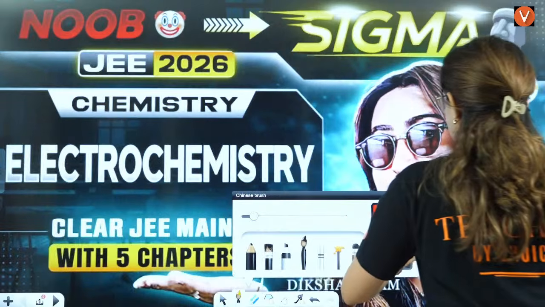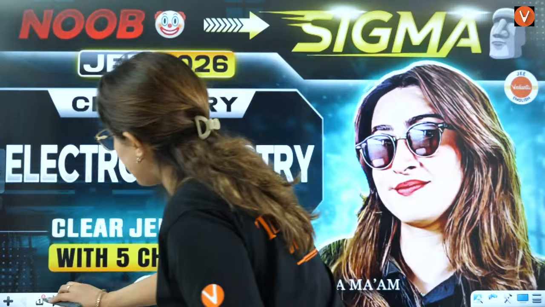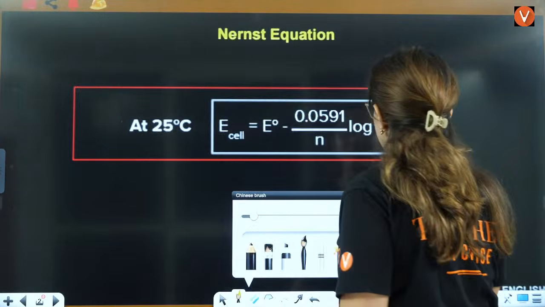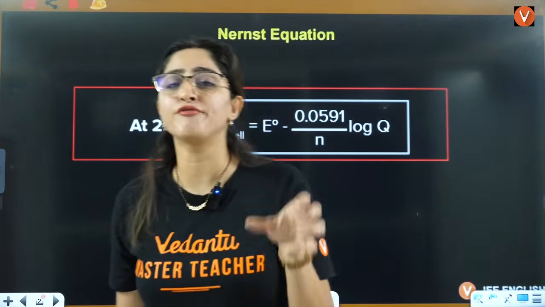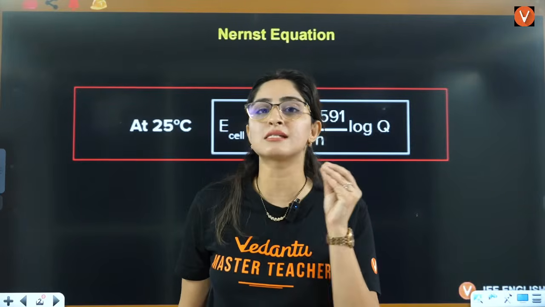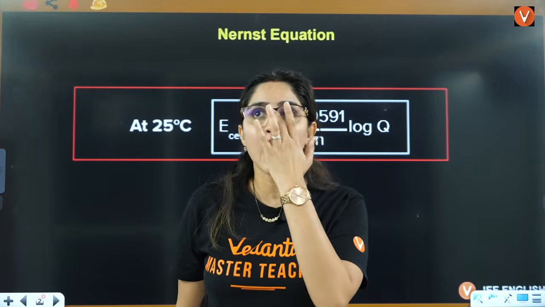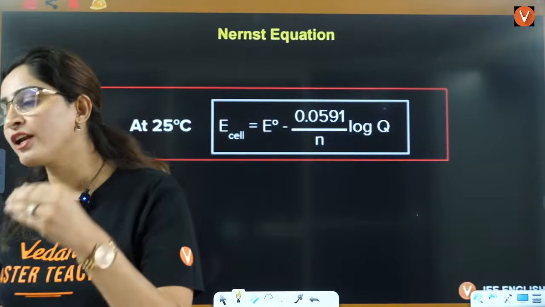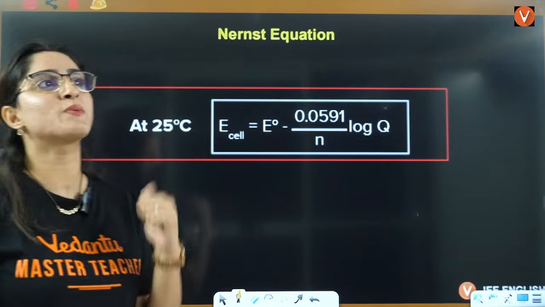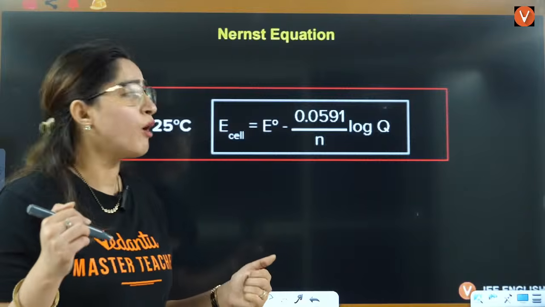Okay, so let's see this. Now talking about electrochemistry, the first important topic is the Nernst equation. Now the Nernst equation is a kind of formula that you can't just ask before the exam, what's the formula?